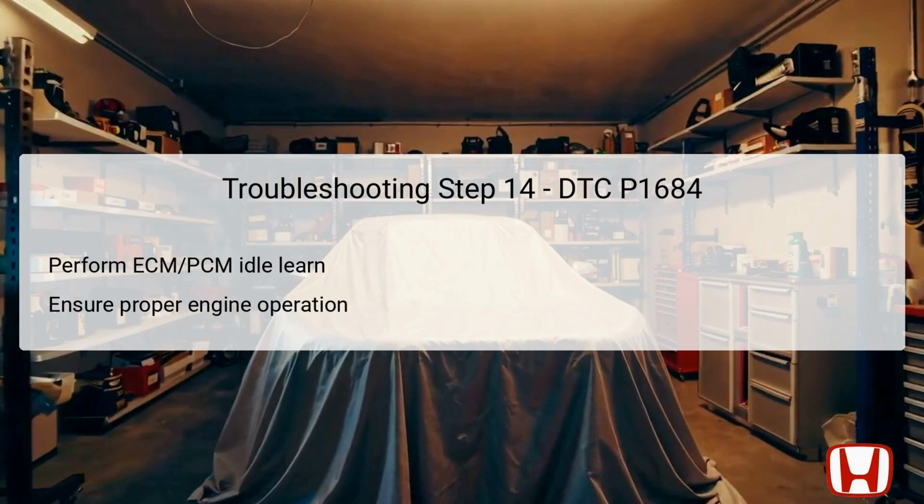In the final troubleshooting step, the technician must execute the ECM/PCM idle learn procedure. This step is critical following any repairs involving the throttle body to recalibrate the idle parameters of the engine control module. Performing this procedure ensures that the ECM or PCM effectively learns the ideal idle speed and behavior of the engine under various conditions.